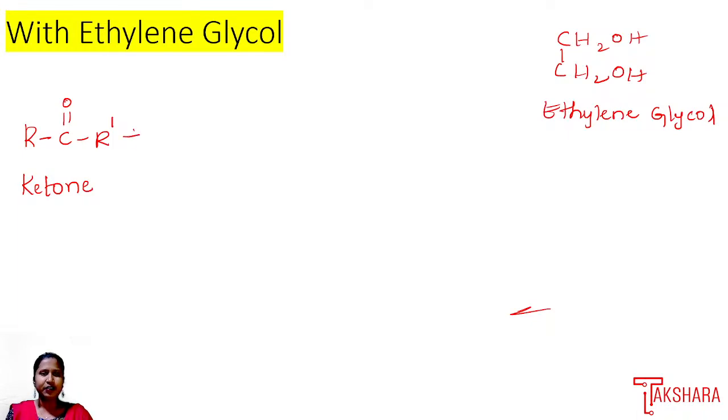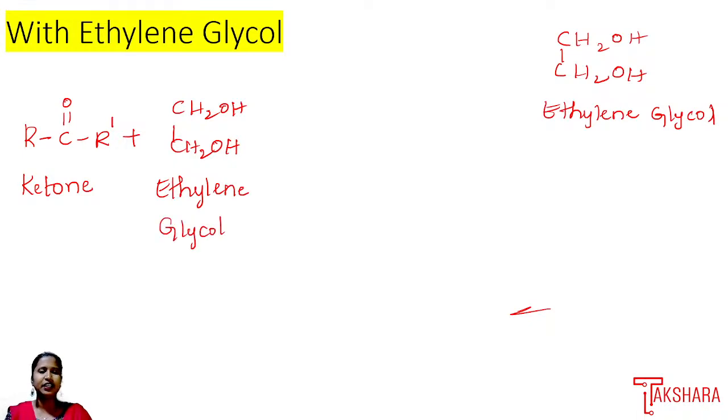When it is treated with ethylene glycol, CH2OH and CH2OH, this is called ethylene glycol. So what product do we get when a ketone is combined with ethylene glycol?